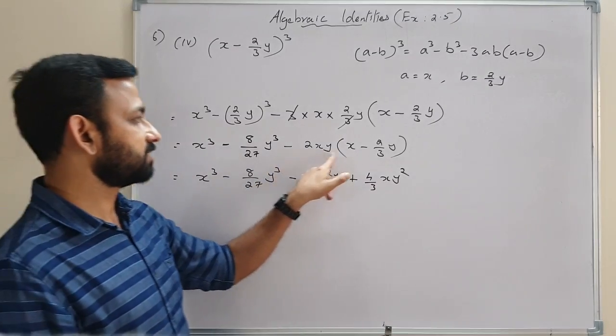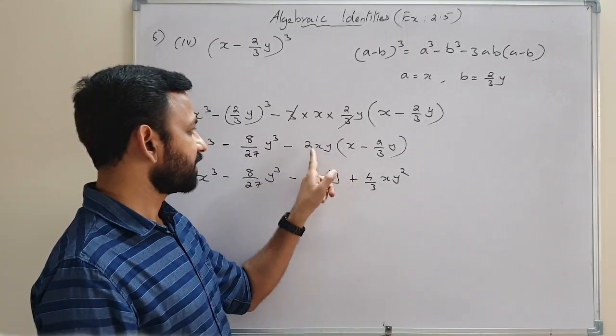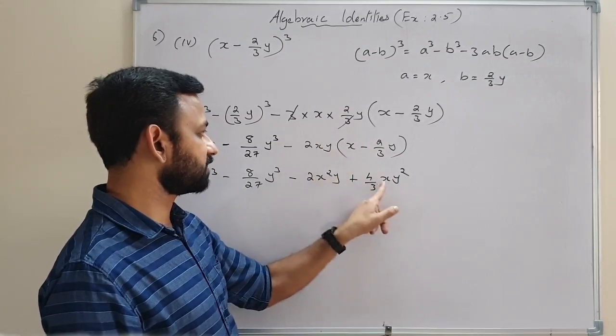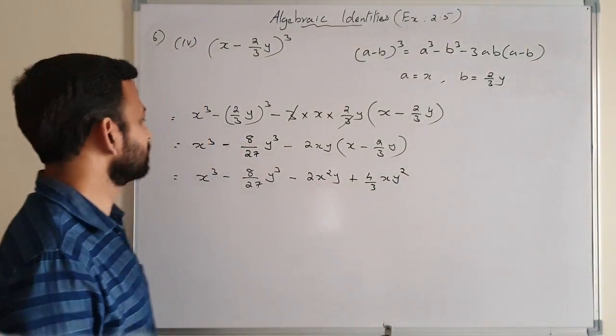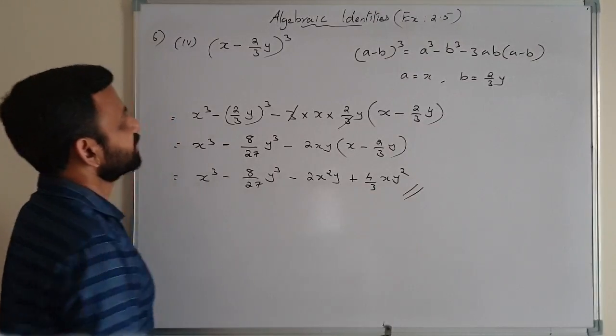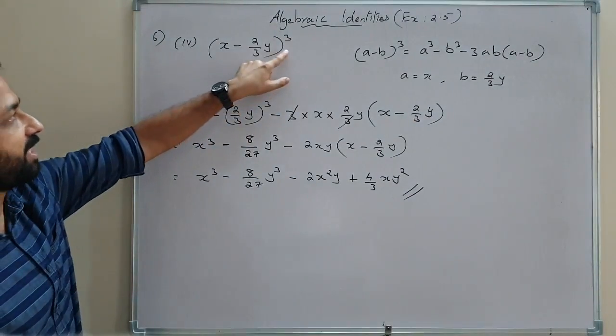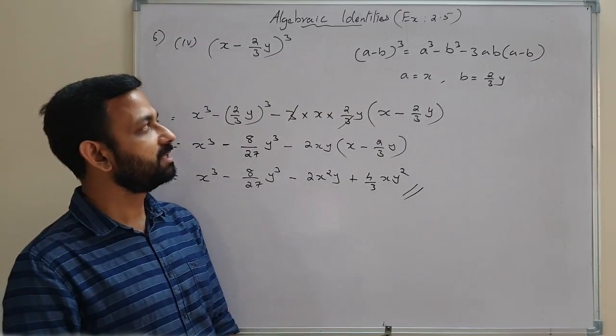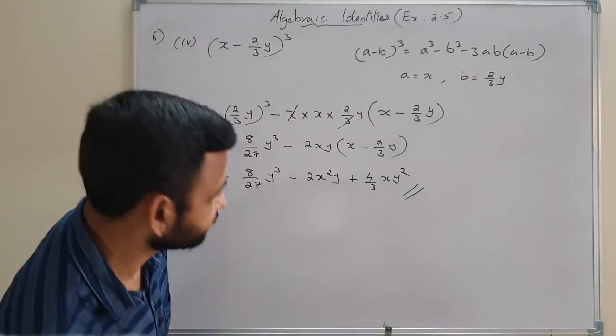So that is the answer: expansion of x minus 2 by 3y raised to the power 3 by using the identity a minus b raised to the power 3.